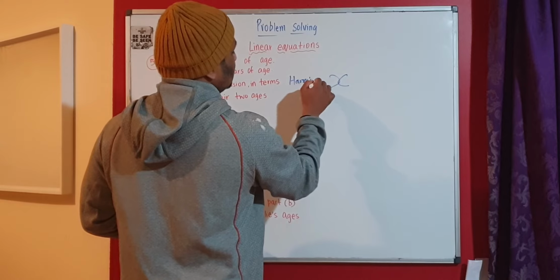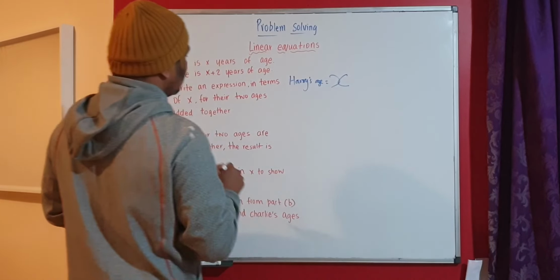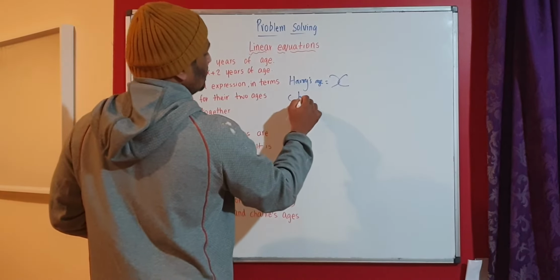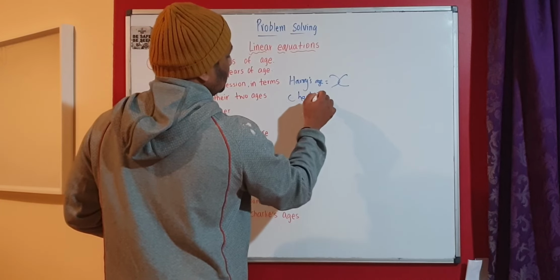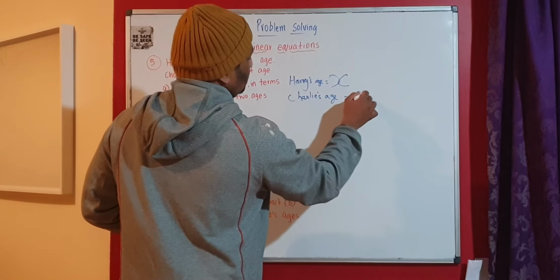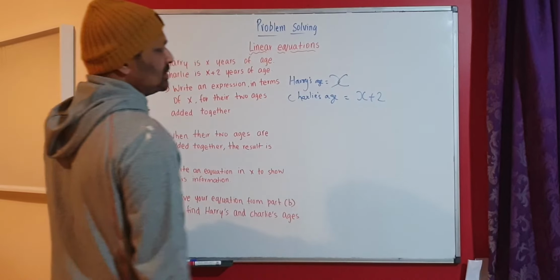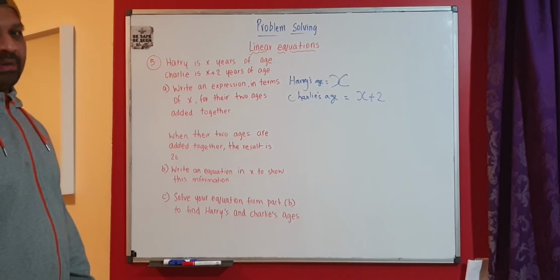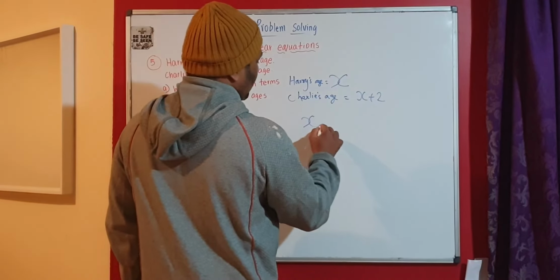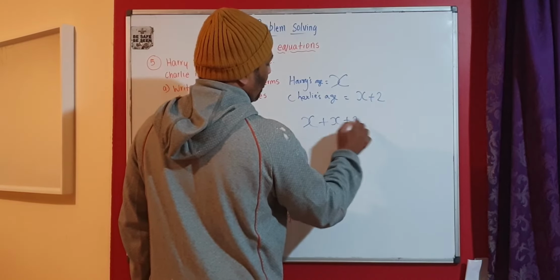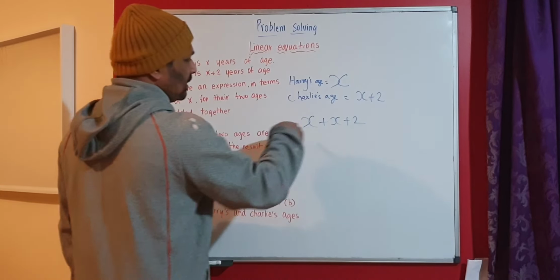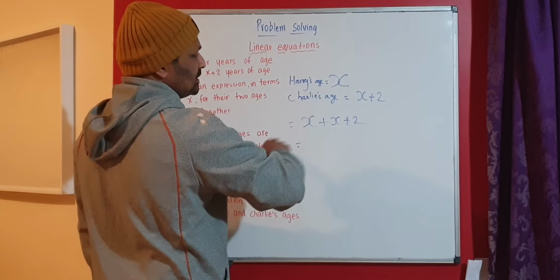Harry's age is equal to x, whereas Charlie's age is equal to x plus 2. So when I add these two, this is the total age. I'm summing up Harry's age and also Charlie's age.